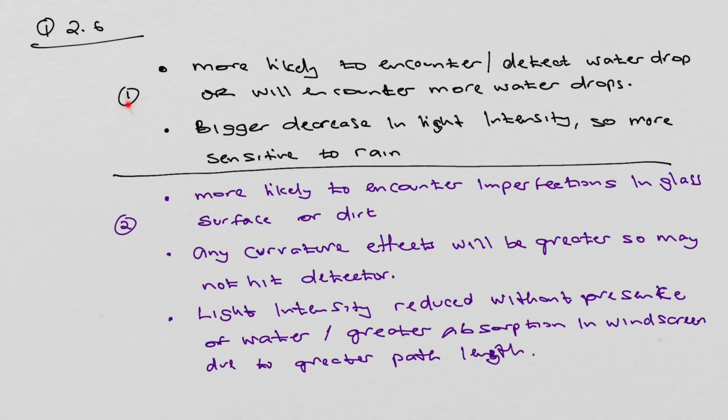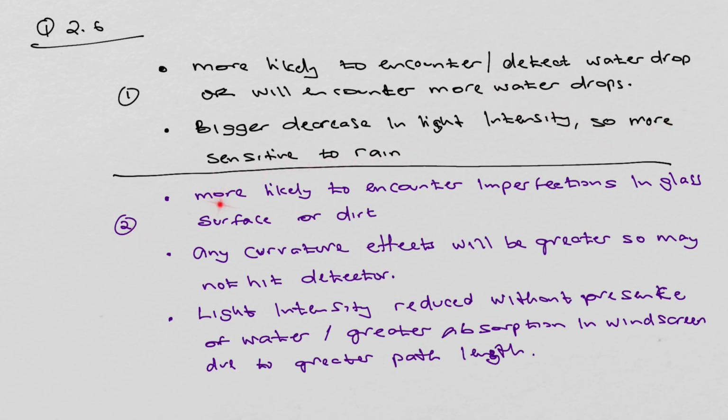The first way is to talk about it being more sensitive, because it is more likely to encounter and detect water drops. There is a bigger decrease in light intensity as you have more water drops, so it is more sensitive to rain.